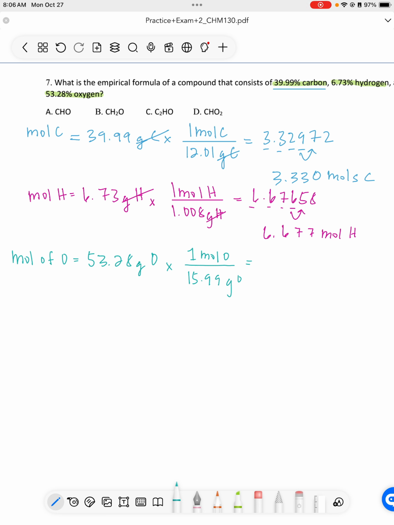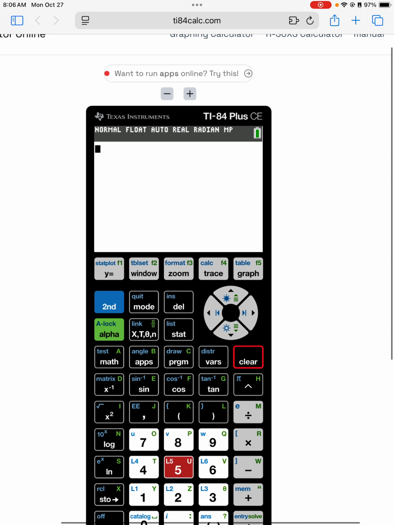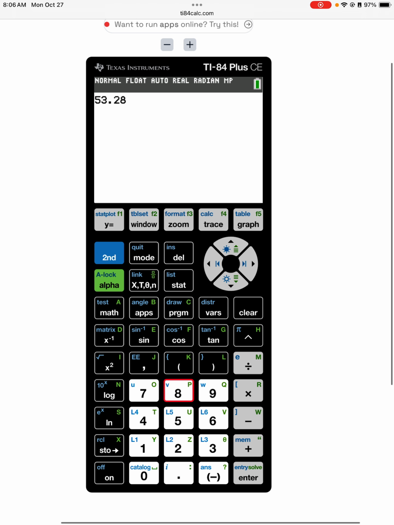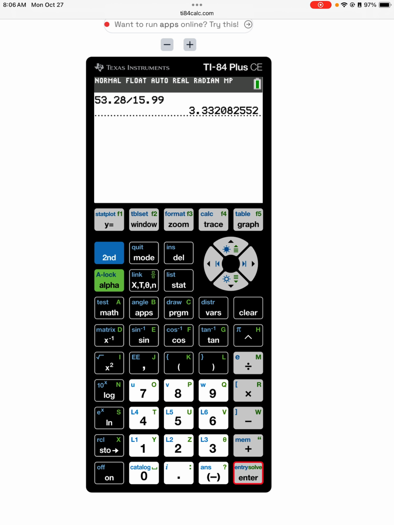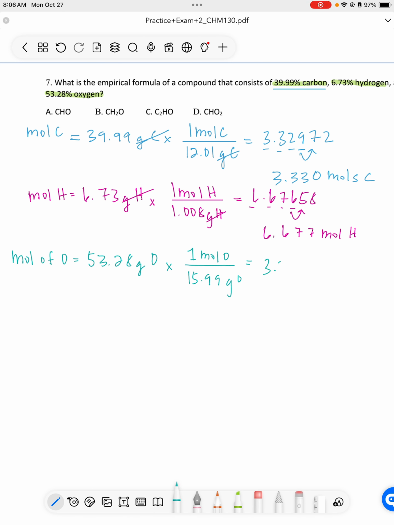And that gives us 53.28 divided by 15.99, which is 3.3320. Look at the 4 we need. Look at one more. 3.332 moles of oxygen.